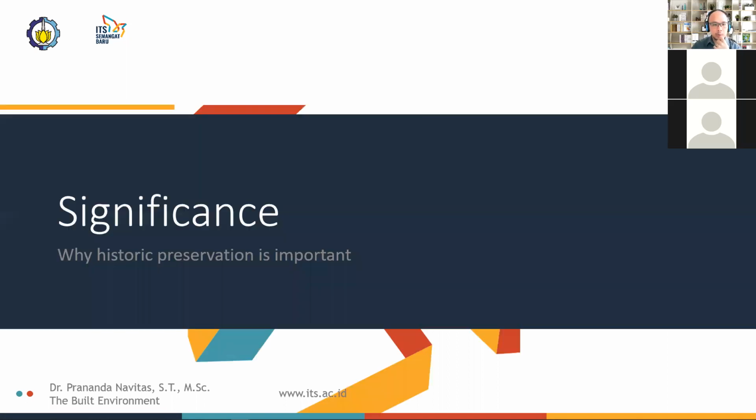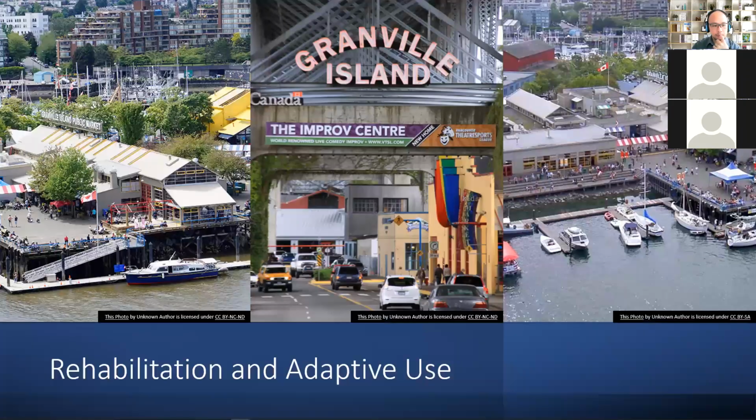Maybe an additional note on rehabilitation and adaptive use. As planners and designers and builders, or as people studying the built environment, and as people who live in cities, I assume that we all live in cities.